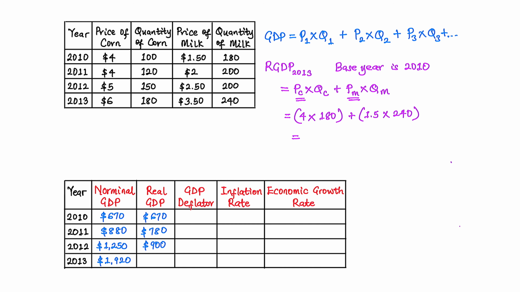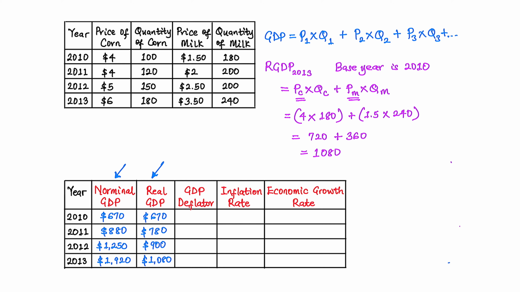Simplifying, we have 720 plus 1.5 times 240, that's 360. That will give us a sum of 1080. The real GDP in 2013 is $1,080.